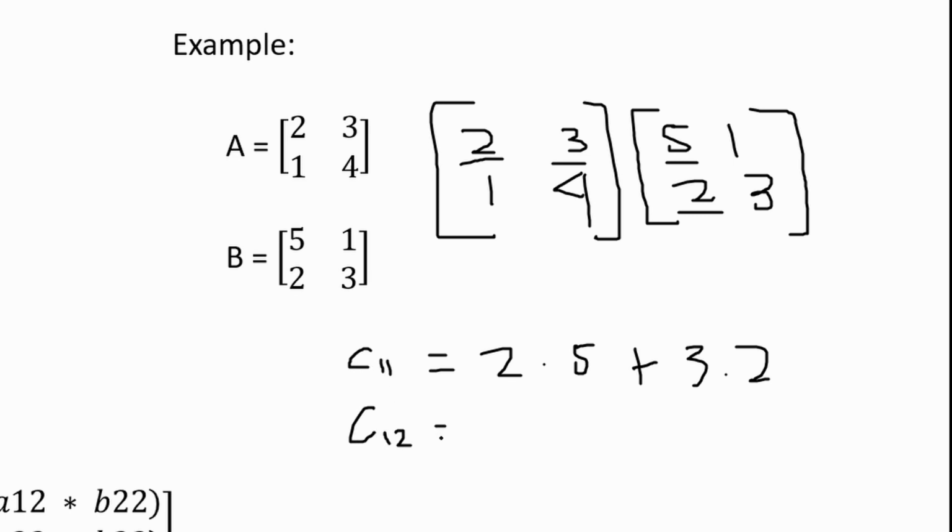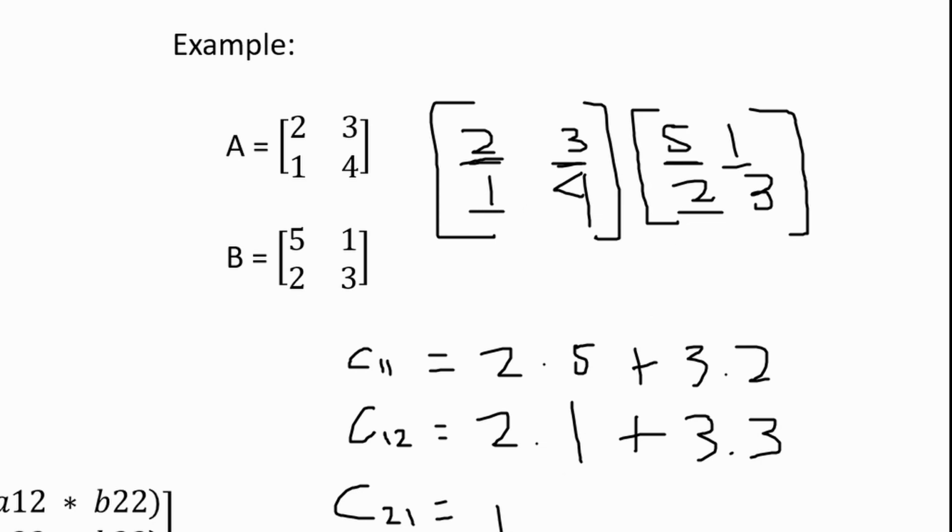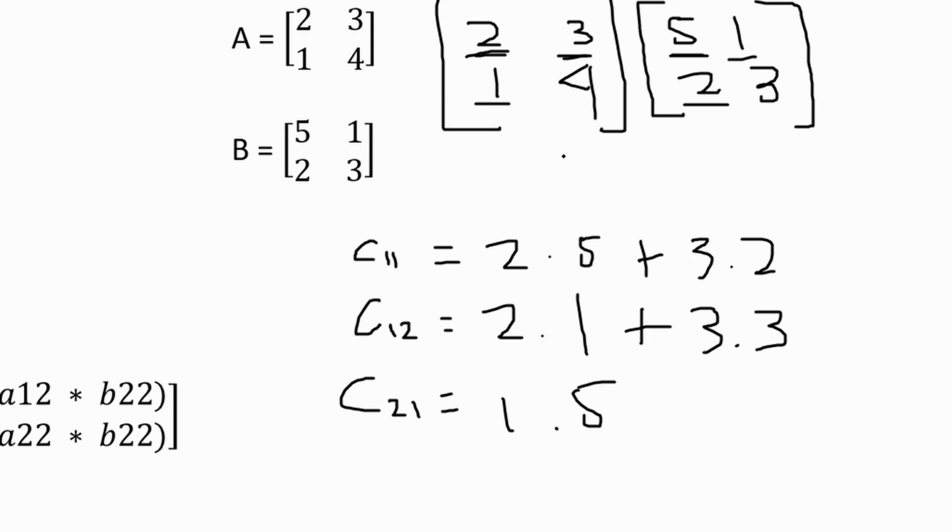C12 is 2 times 1 plus 3 times 3. And the next, C21 is 1 times 5 and then 4 times 2.